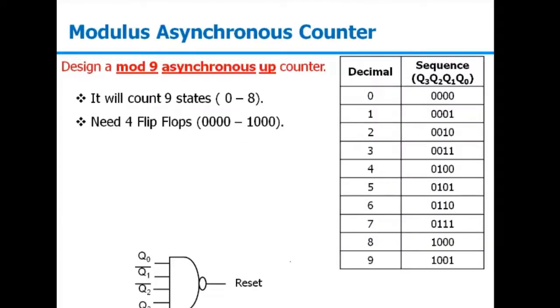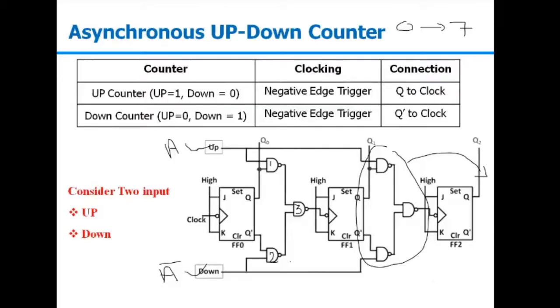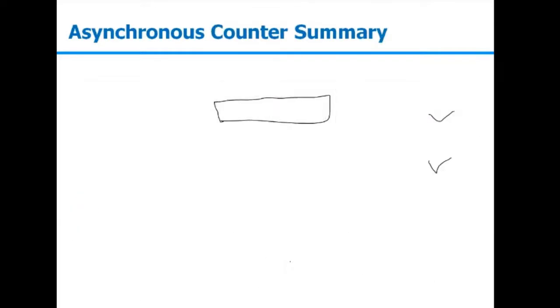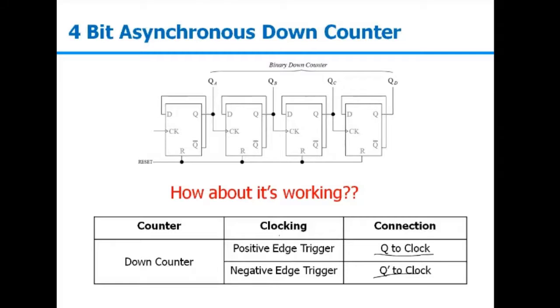Next, we're talking about the modulus asynchronous counter. Now, if you see the previous examples like this, it is counting from 0 to 15. Now, what if I want to design a mode 12 counter or mode 9 counter?